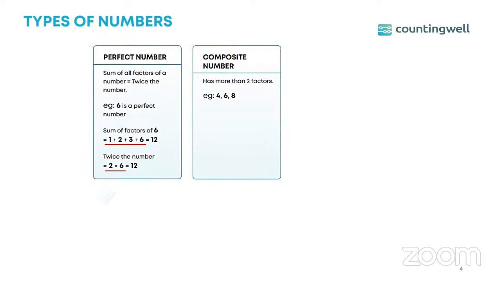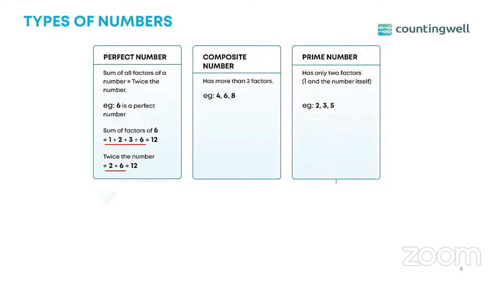Let us see what is a composite number. A composite number is a number having more than two factors. For example, 4, 6, 8. Note that 4 has more than two factors, that is 1, 2, and 4. Similarly for 6 and similarly for 8.